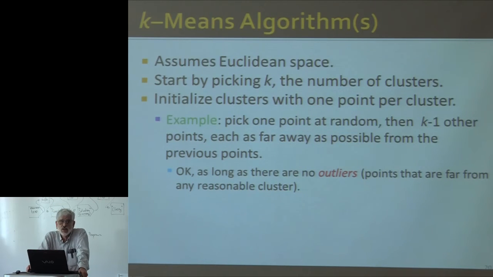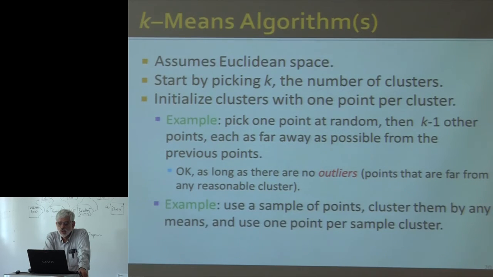So that's okay. You pick a sample. You hope you'll have at least 1 point from each cluster. But if there are outliers, then even if it's a small number of points, you're probably better off sampling the points and then clustering them by any means, so that even outliers will be noticed in the small sample, and you'll find the k real clusters.